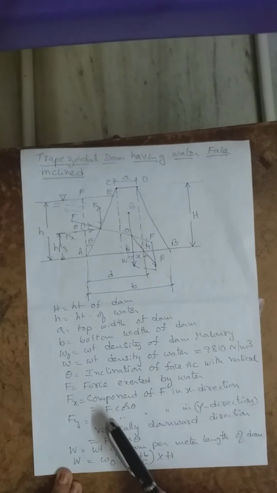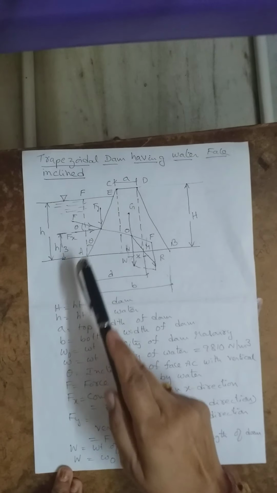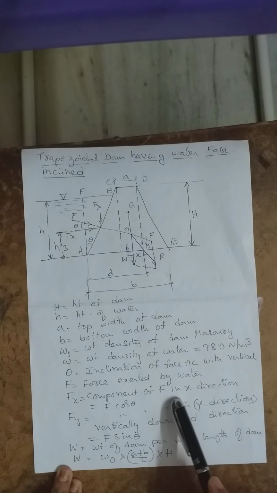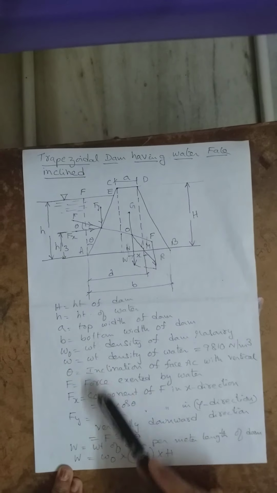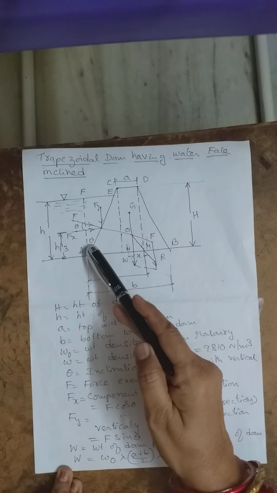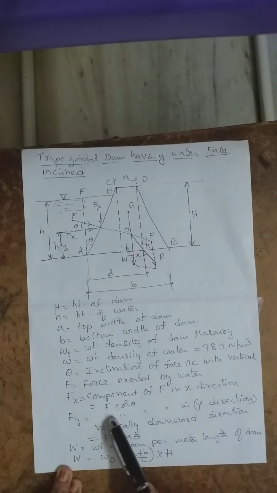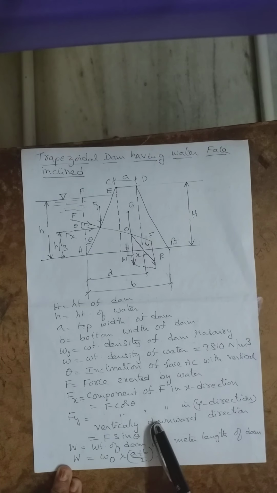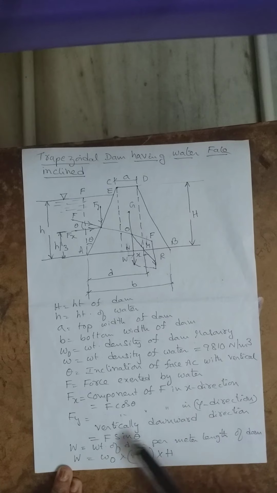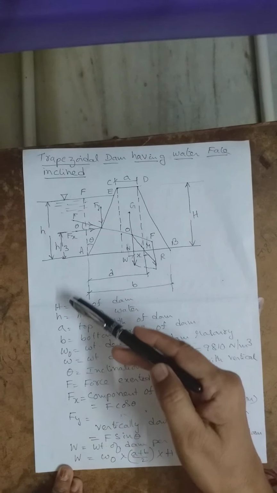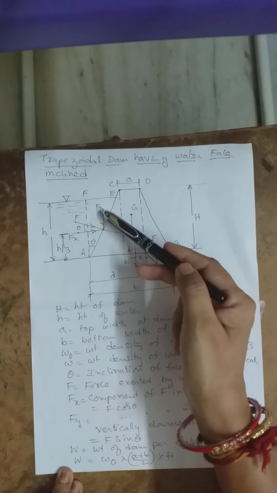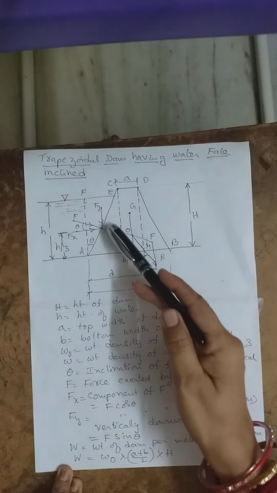The horizontal component we have given the notation Fx, which, as the angle of inclination is theta, is F cos theta, and Fy is the component of force F in the vertically downward direction. This you can see here in the figure.